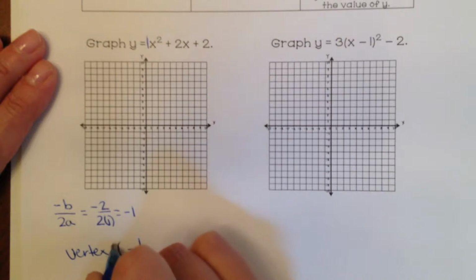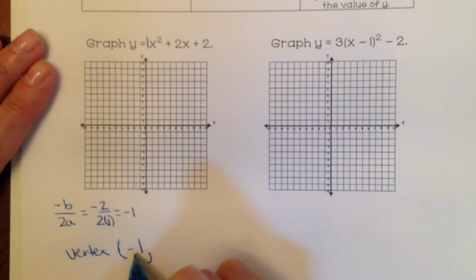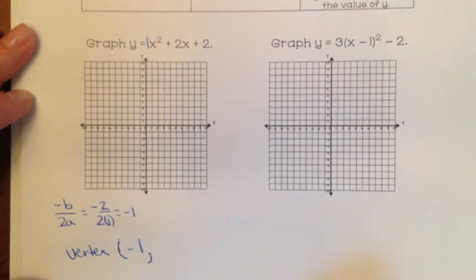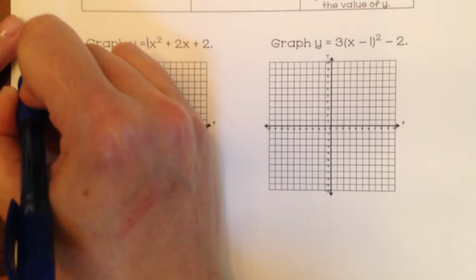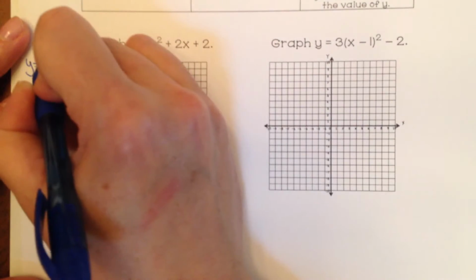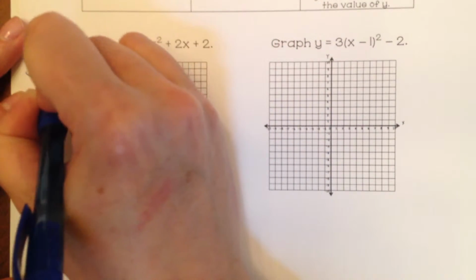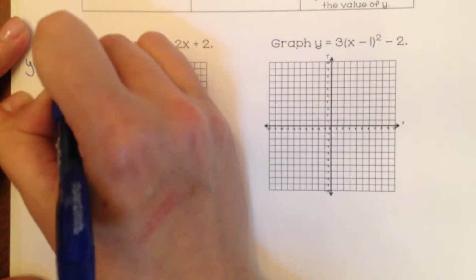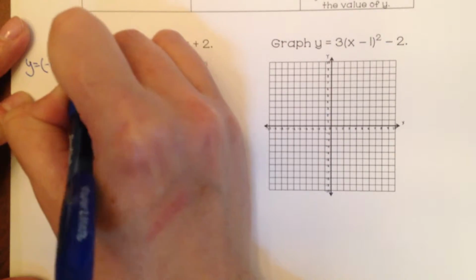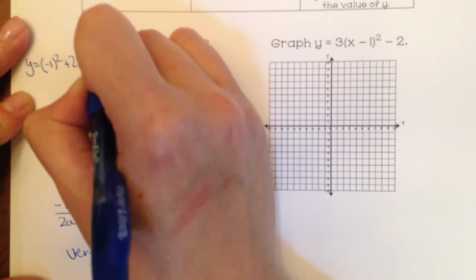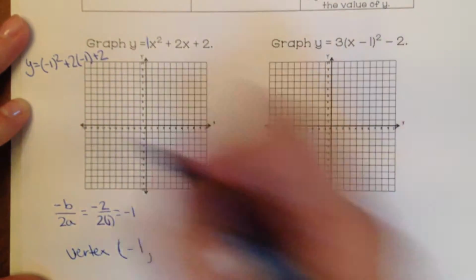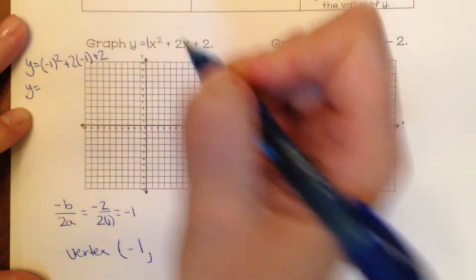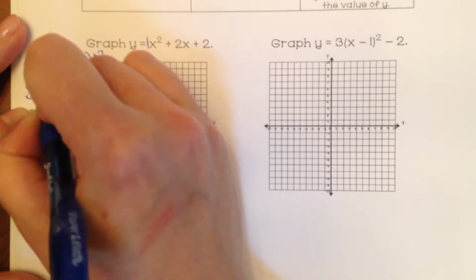We need to find the y coordinate by plugging negative 1 back into the equation for x. So we have y equals negative 1 squared plus 2 times negative 1 plus 2. Going to simplify. Negative 1 squared is just 1.